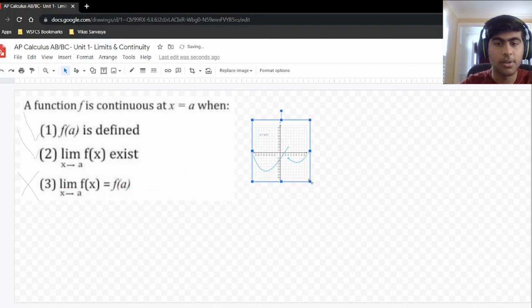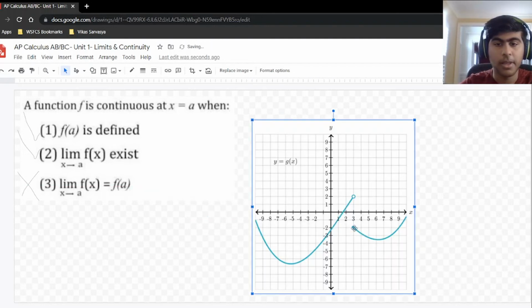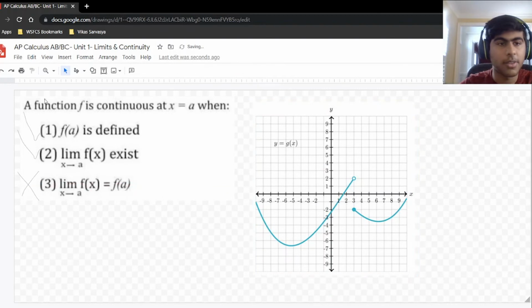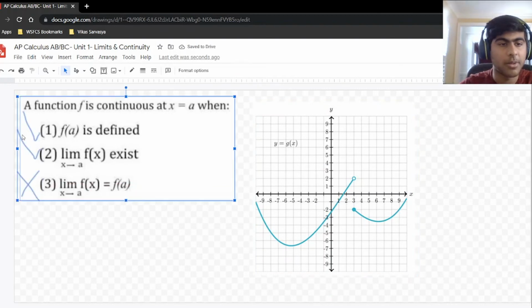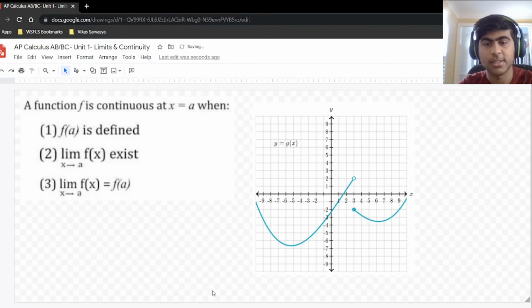So here's another graph. And right off the bat, you have probably already figured out that this is not continuous because of this jump. And you're right, it's not continuous, and it is because of that jump. The reason that this jump makes it not continuous is because of the second criteria right here, that the limit has to exist.